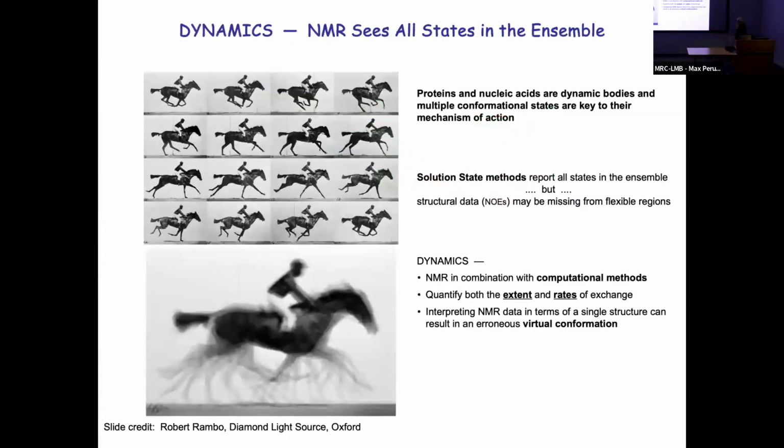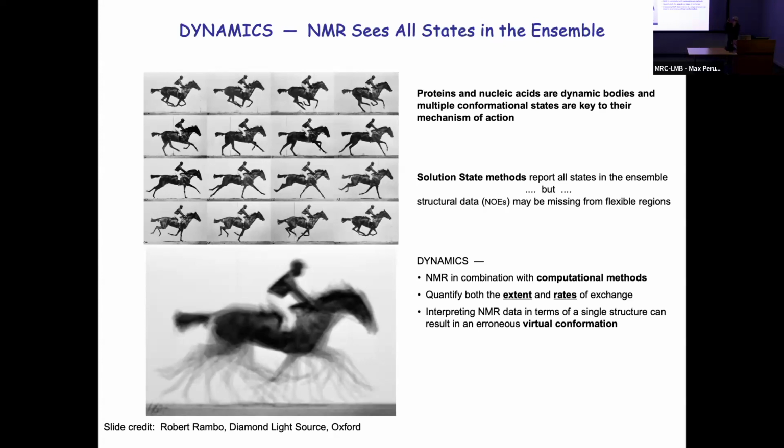Now, this illustrates one of the issues that we come across. In crystallography, we crystallize out single snapshots. So we get a photograph of a single snapshot of a protein in a specific state. If you're lucky, you can find conditions and mutations that will trap the molecule in one or more of those specific states.